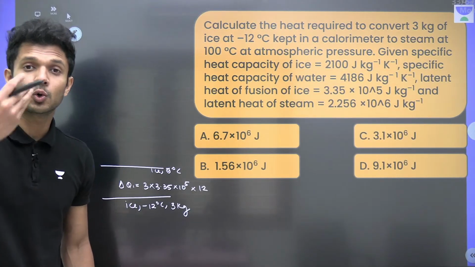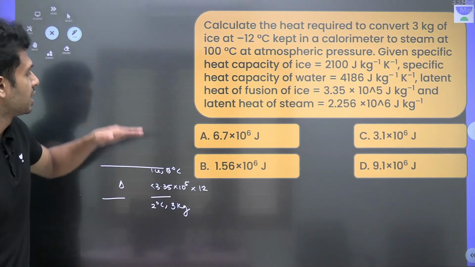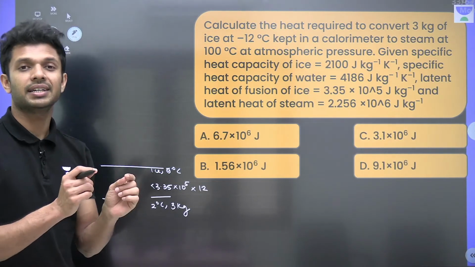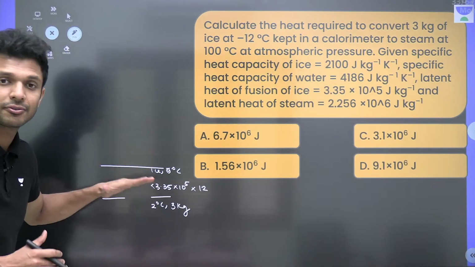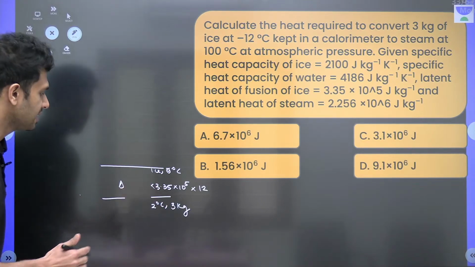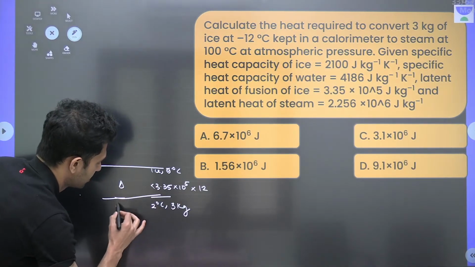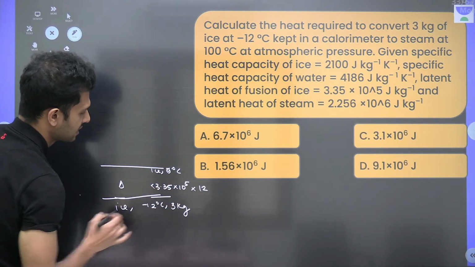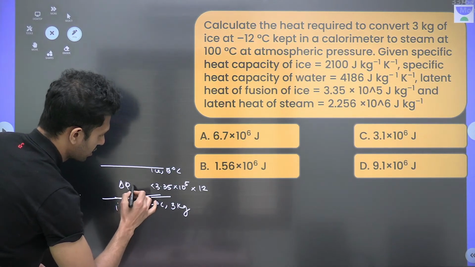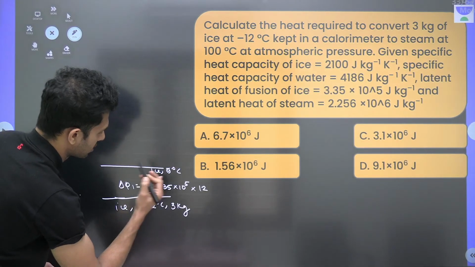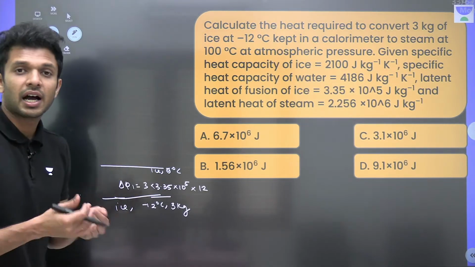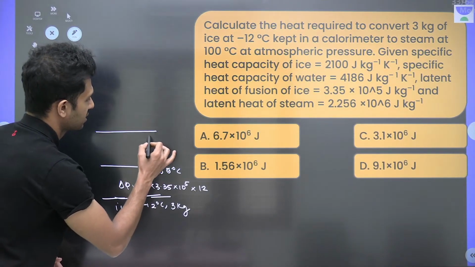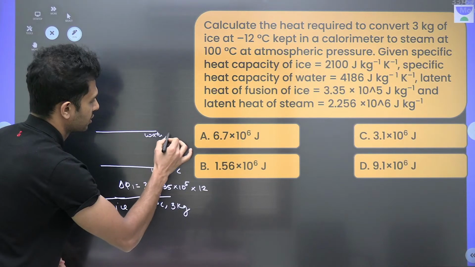Question is to find out the total heat energy for converting ice to steam at 100 degrees Celsius. But now, as a first step, we have converted ice at minus 12 degrees Celsius to ice at 0 degrees Celsius. Delta Q1 was this, right? After this, what we're going to do? Now I have to convert this ice at 0 degrees Celsius to water at 0 degrees Celsius.